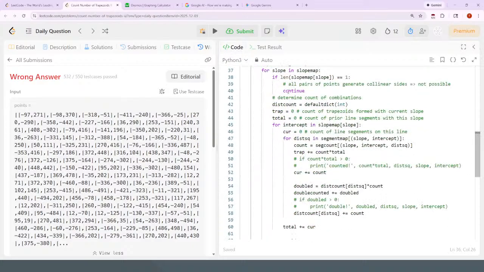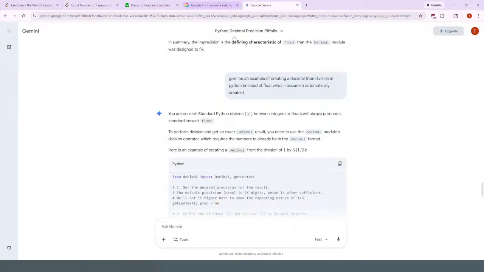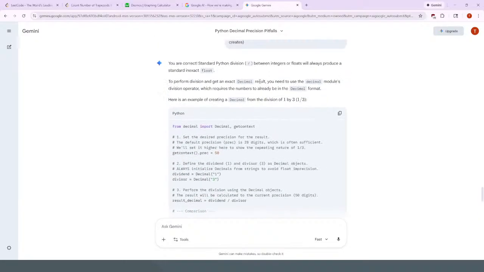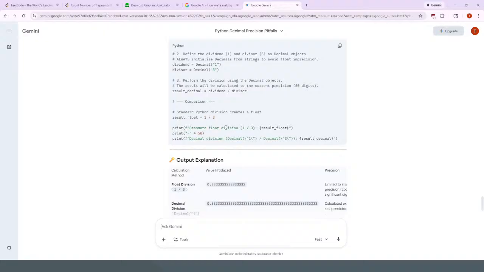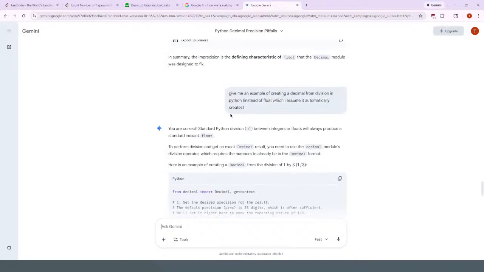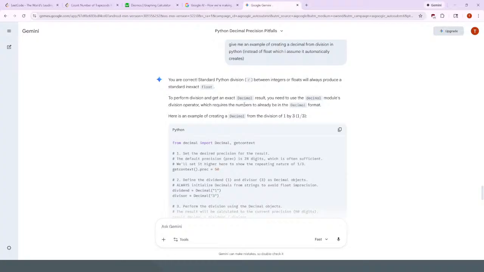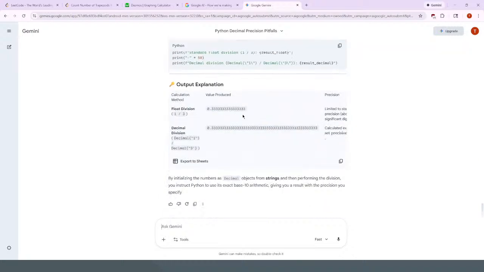Okay. Convert to integers and strings. It's the easiest way to get the decimal.